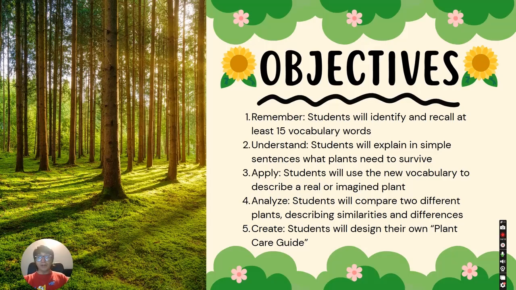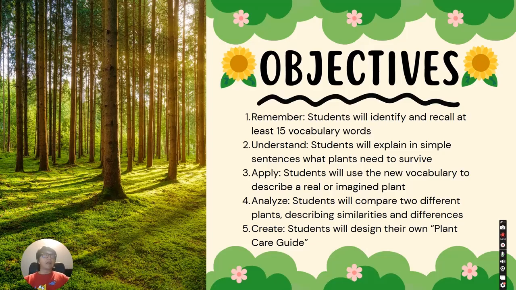Let me explain the learning objectives of this unit, which are organized following Bloom's taxonomy. First of all, we are going to begin with the first part, which would be remember, where the goal of this section is for students to identify and remember, of course, at least 15 vocabulary words related to plants and gardening.